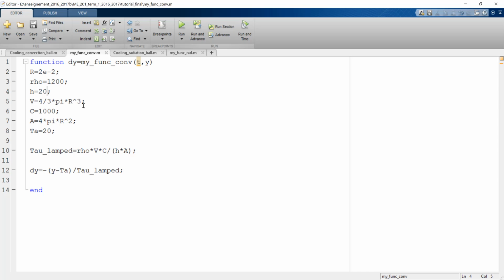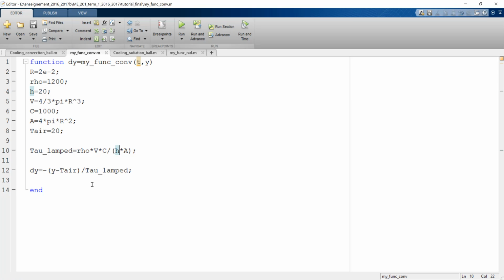My convection function is mainly the same thing, but here you have dy equal to minus y minus Ta, which is T air. But it's not the same tau as in radiation. Here you have rho V c, but here you have hA. In the other example, you have sigma, which is the Stefan-Boltzmann constant.